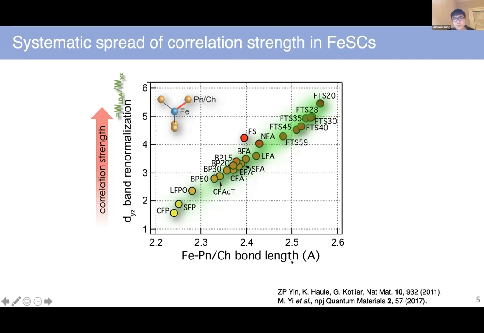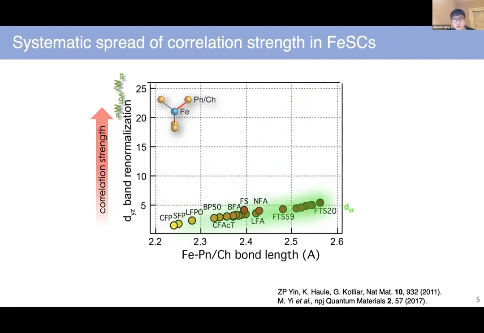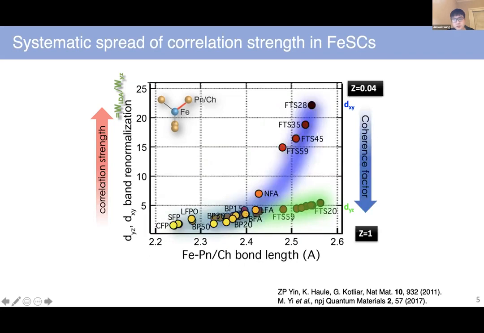So especially in the iron chalcogenides, which possess larger iron-chalcogen bond lengths, we find that in the iron tellurium selenium compound, the dxy orbital experiences a very large mass enhancement.